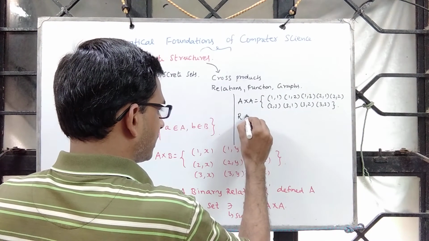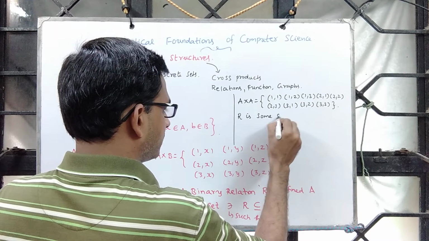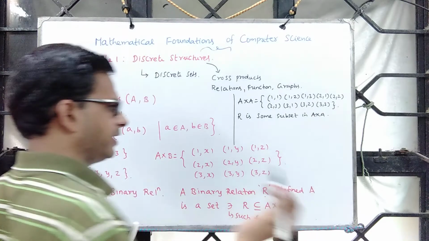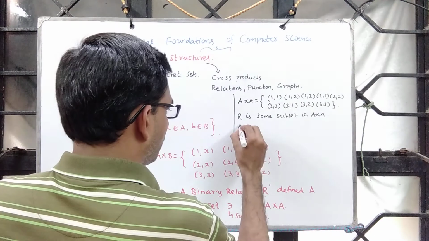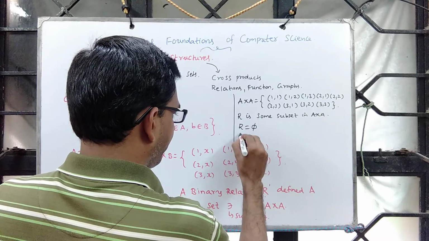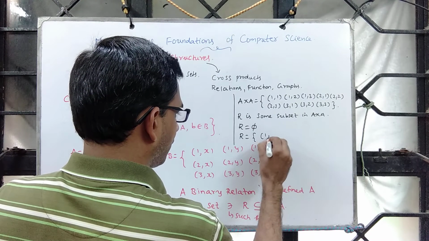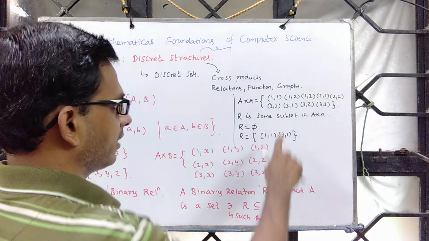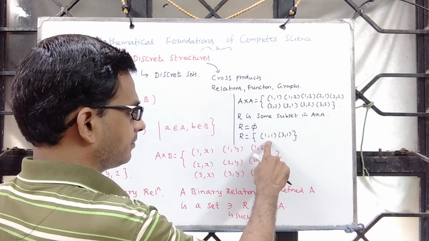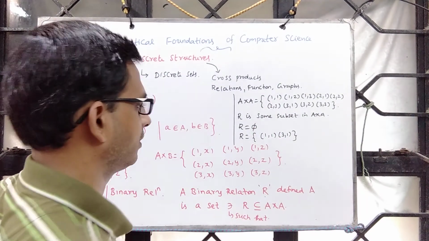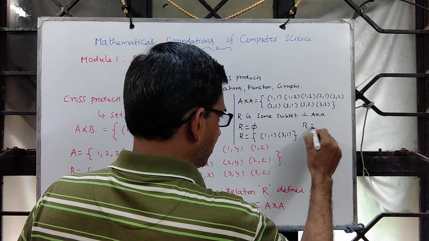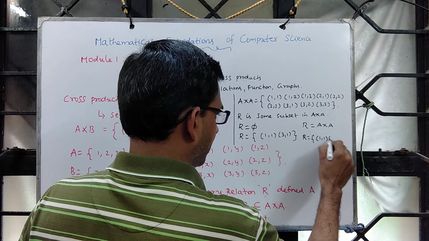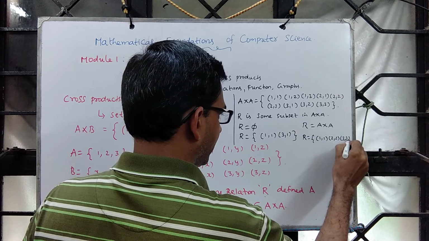R is some subset in A cross A. It could be any subset. R could be empty, and R could be {(1,1), (3,1)}. It is a subset in A cross A, which means this is an element, this is an element, and so on. And R could be everything. R could be A cross A, or R could be {(1,1), (2,2), (3,3)}.